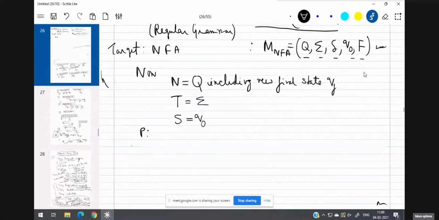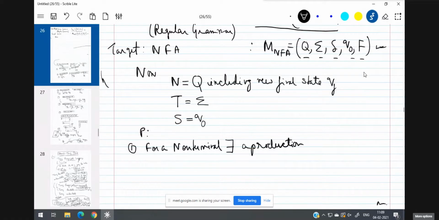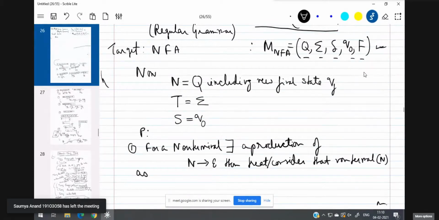Production rule number 1: for a non-terminal N, if there exists a production of N replaceable by epsilon, then treat or consider that non-terminal, in my case capital N, as the final state.